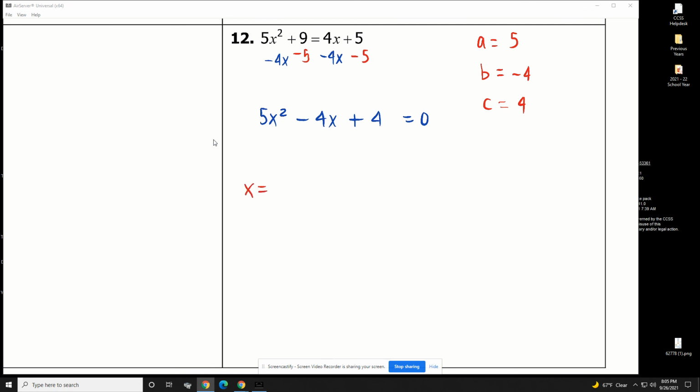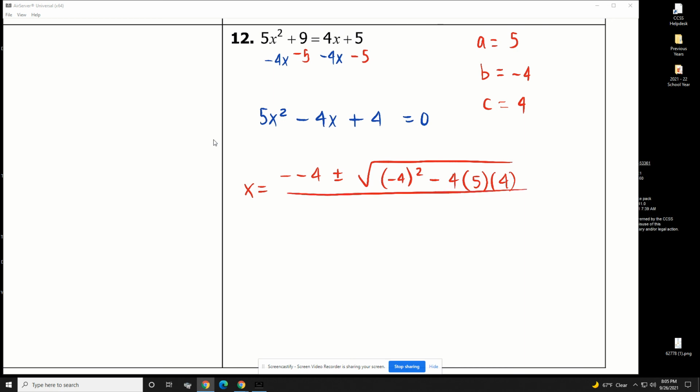So here we go. X equals -b plus or minus the square root of, b is negative, so in parentheses, b squared minus 4 times a times c, and all of that is divided by 2 times a. So let's do some cleanup.